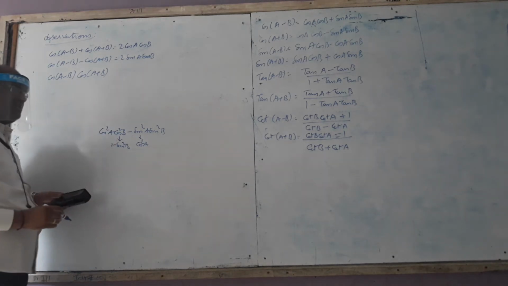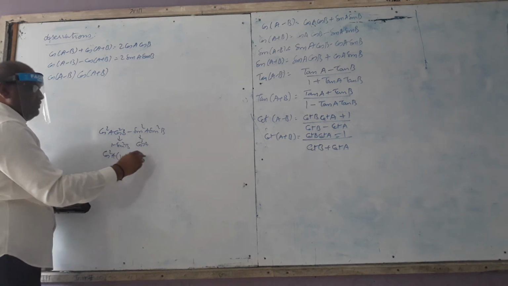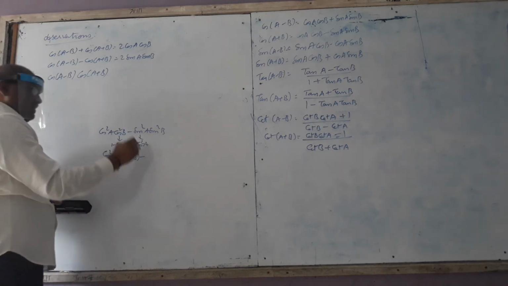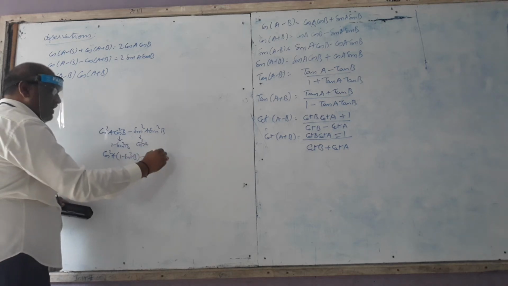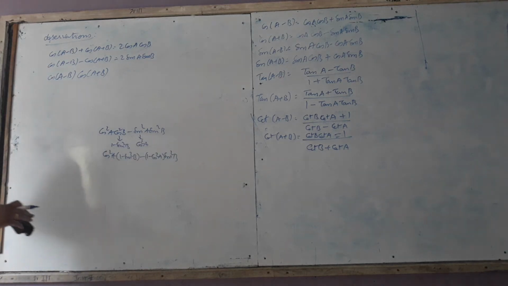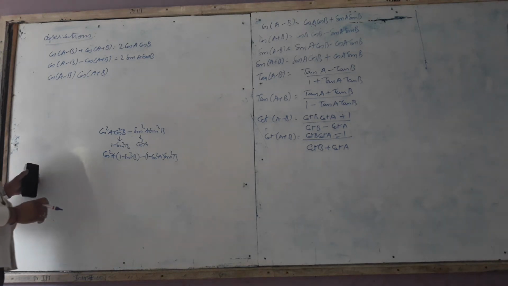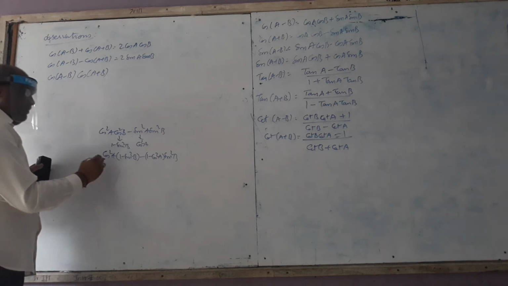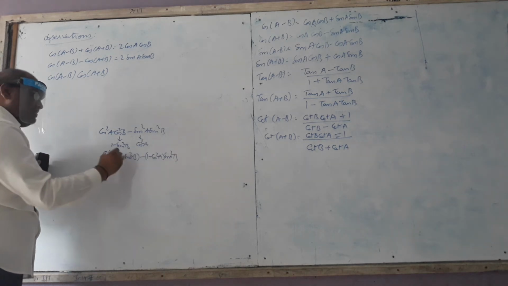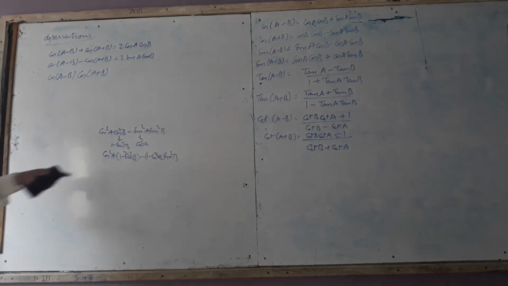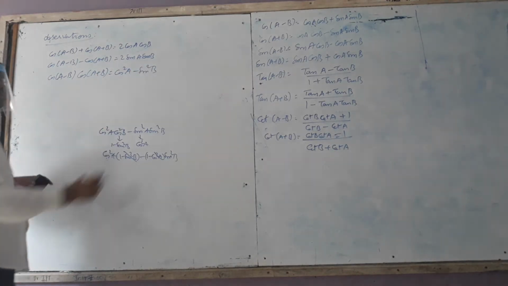I will write cos square B as 1 minus sin square B, so cos square A into 1 minus sin square B. Sin square A also in terms of cos square A, 1 minus cos square A, times sin square B. Already we are writing in terms of cos square A and sin square B. Minus cos square A sin square B, minus of minus, plus cos square A sin square B cancel. What is the result? Cos square A minus sin square B.